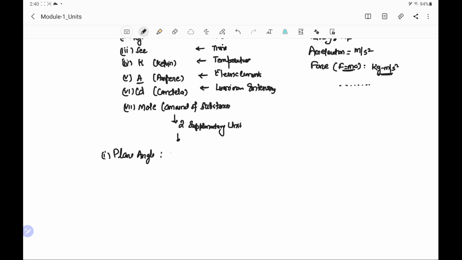Plane angle is represented by theta and other is solid angle. It is represented by omega. Plane angle is the angle in the 2-dimensional plane and solid angle is the angle in 3-dimensional space.